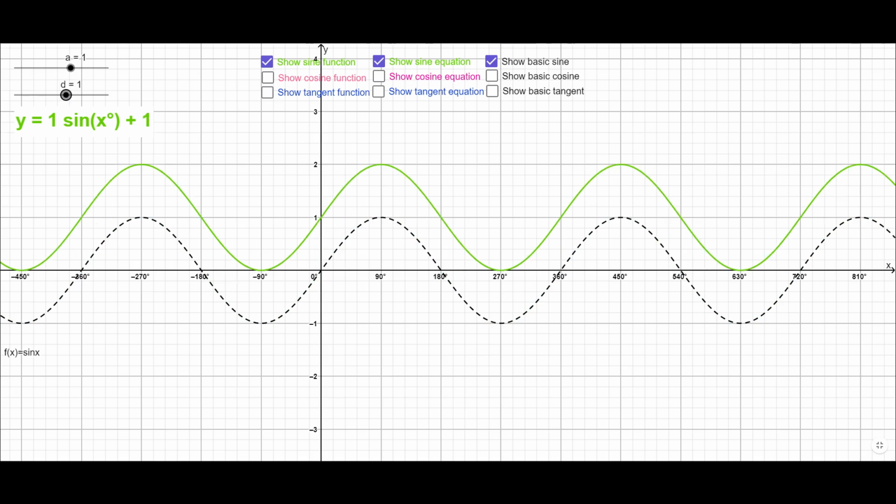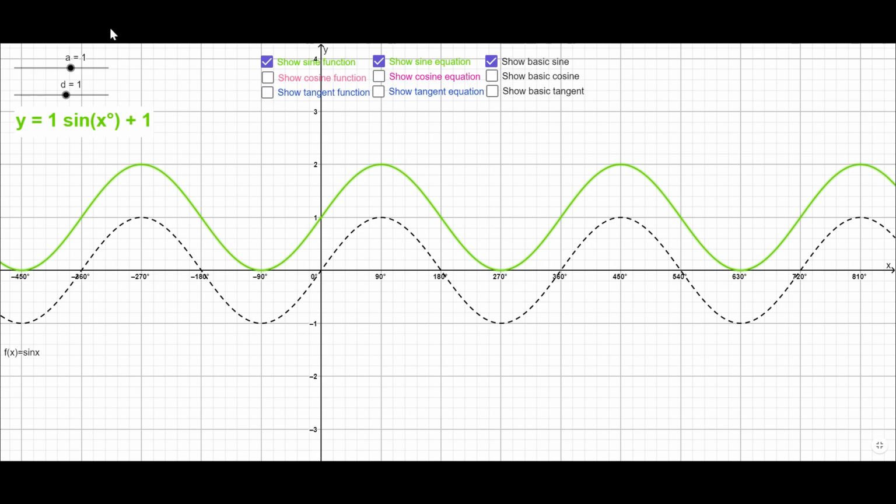If I add 1 to it, the whole graph, as is, just moved up one place. So notice, where it used to start at 0, now it is going to start at 1. And now my maximum would be 2, and my minimum would be 0. The whole graph moved up.